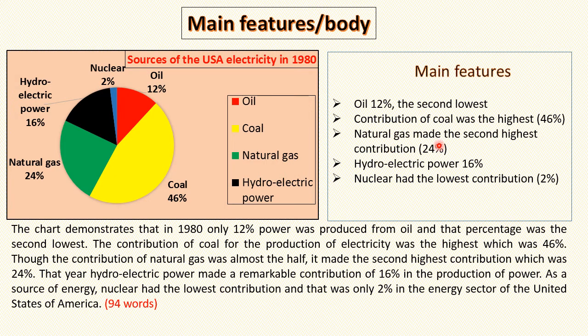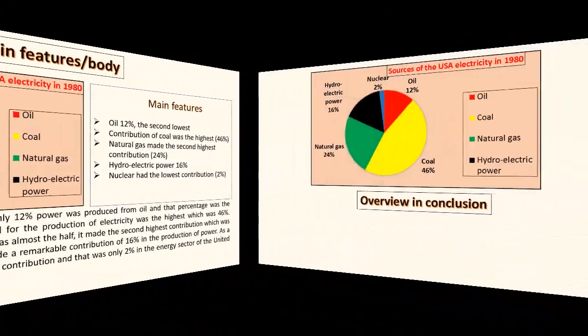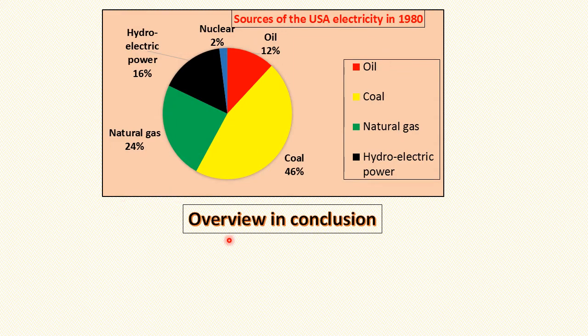So these main features are developed in sentences in the body, and there are 94 words in the body. Now, overview in conclusion.